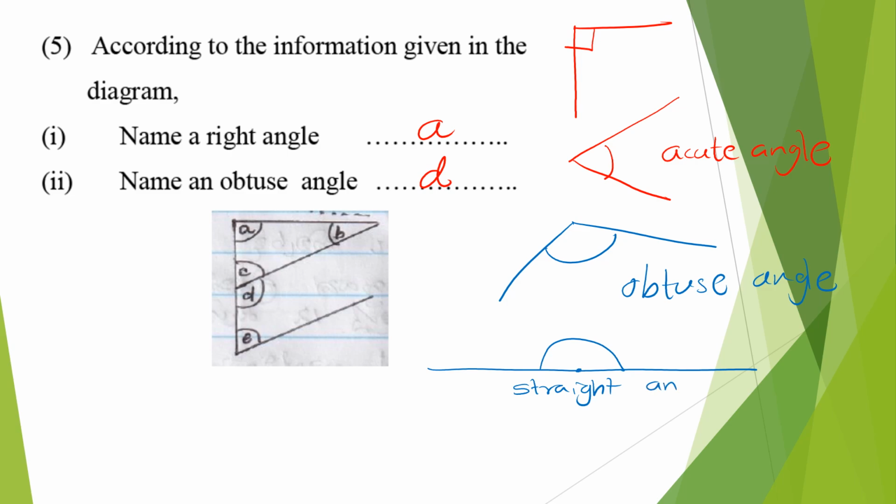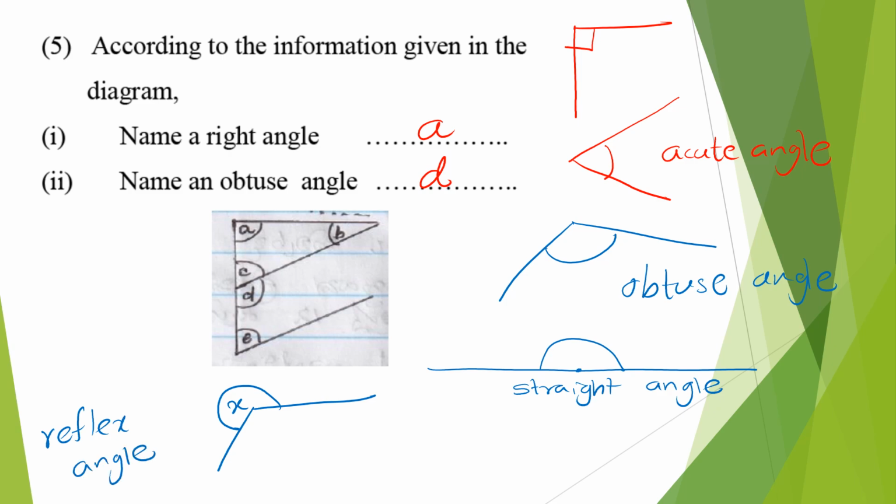This is a straight angle. And also there's another one, something like this. If I mark this x, this x is a reflex angle. So these are the types of angles.